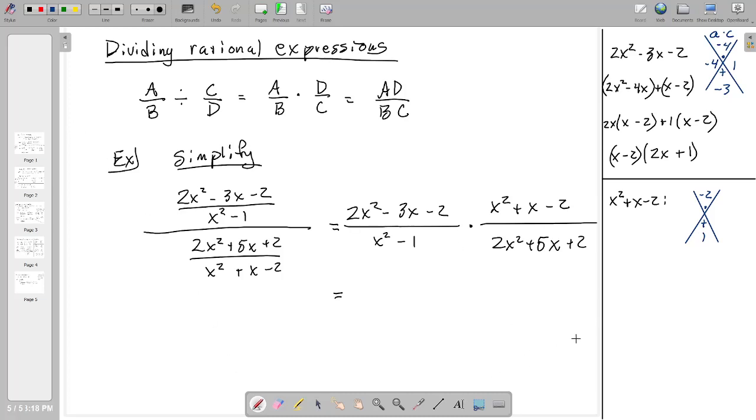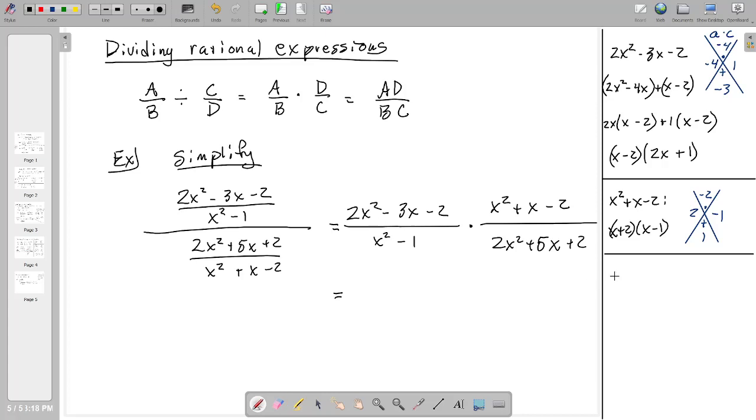So two numbers that multiply to negative 2 and add to 1 will be 2 and negative 1. Noting that 2 times negative 1 is negative 2, and 2 plus negative 1 is 1. Now this will factor directly because the coefficient on our x squared term is equal to 1. So this is x plus 2 times x minus 1. And that is the numerator of the second fraction.